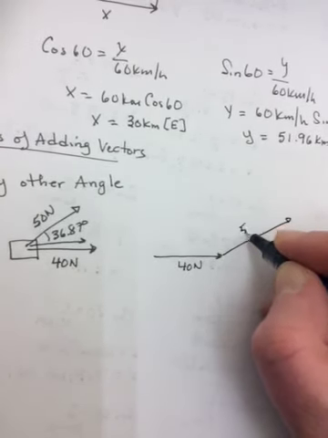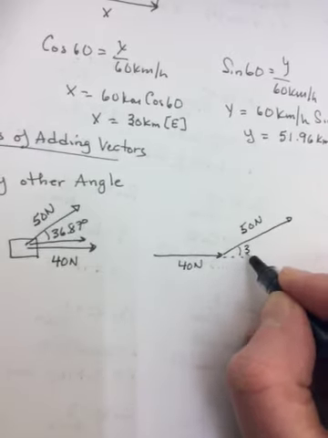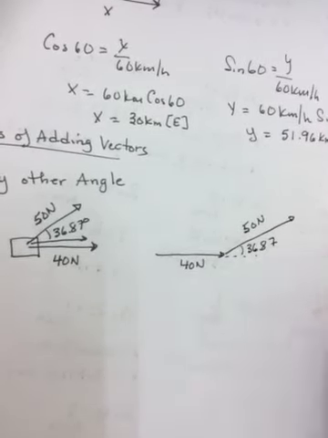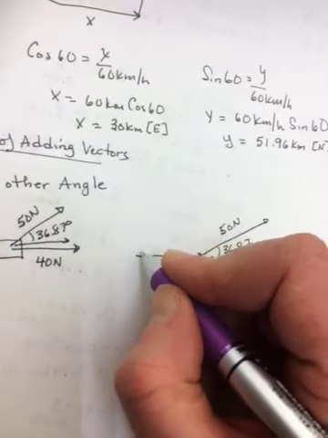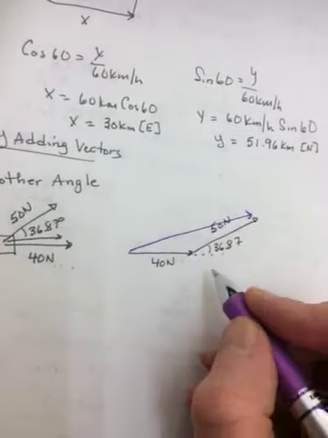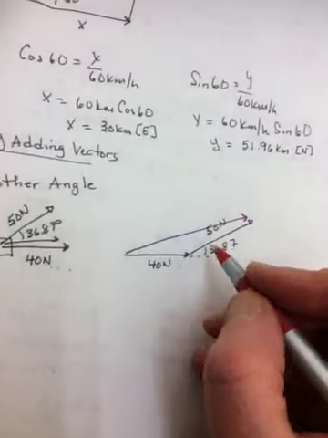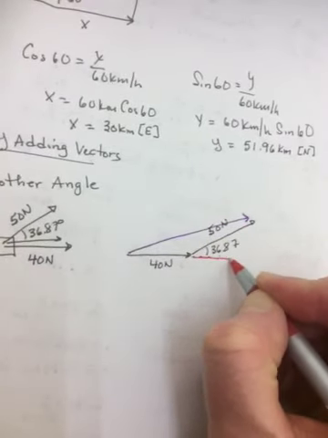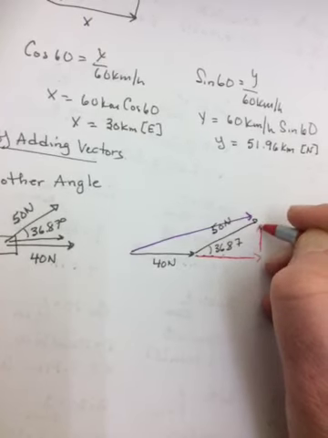So here it is. And in here is 36.87. And then remember from last year we said always the resultant starts where the first one started, ends where the last one ends.